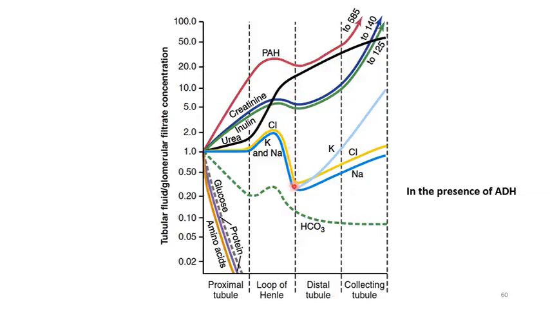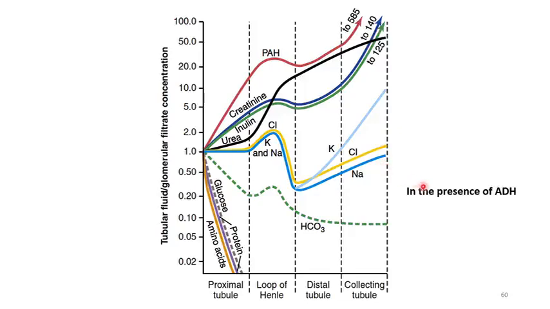But after this part of the nephron, in the remaining part, depending on the presence or absence of ADH, the concentration of solutes will change. If ADH is present, due to increased reabsorption of water and also secretion of some waste material, they will be concentrated to the end of the nephron.